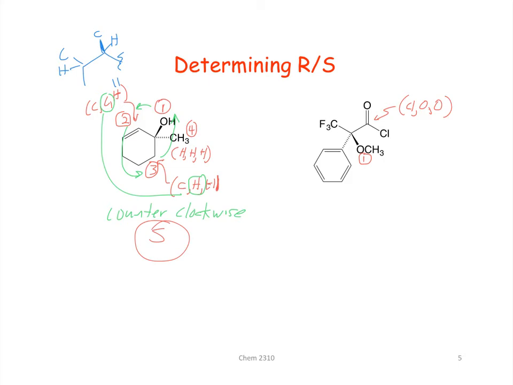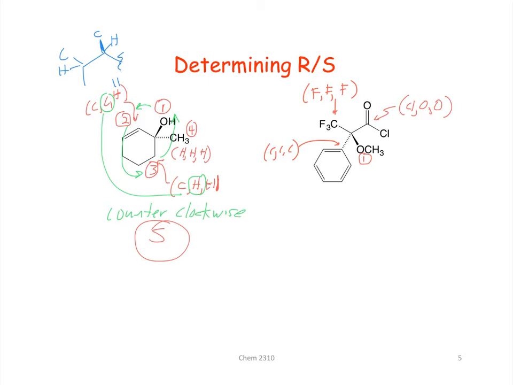Let's look at this one up here. What's attached to that carbon? This one just has 3 fluorines. And this position here has a double bond to carbon, so we count that for 2, and then has another carbon, so we treat this one as 3 carbons.